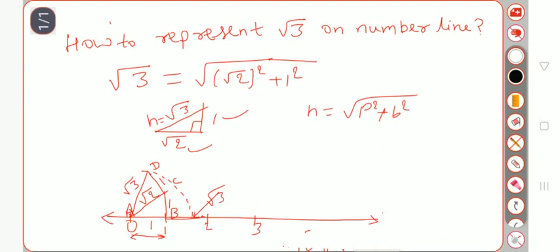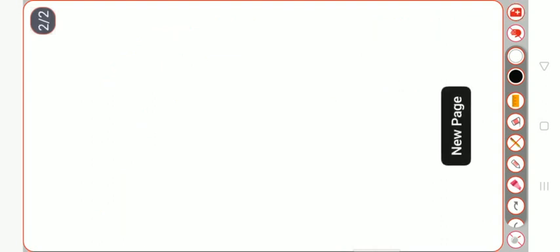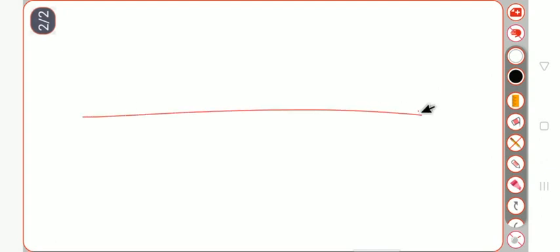Okay, so I am explaining it one more time, then it will be very clear. So on next page, suppose this is a number line, this is 0, this is 1, this is 2, this is 3. So first of all take, suppose this point is A, this point is B. Draw a perpendicular at B of 1 unit.